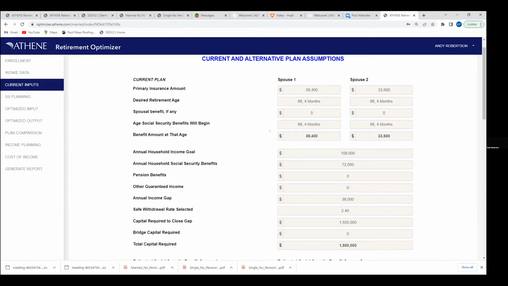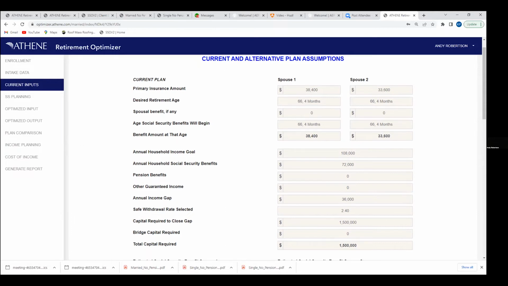So that means the benefit amount at the age they intend to take benefits is 38.4, and the primary insurance amount is 38.4. Why does it match? Well, because primary insurance amount is your retirement income benefit at FRA, and they're not taking benefits at FRA. So if they were to take benefits later, this number would be higher, as you'll see in a minute. And the second spouse's income is 33.6.